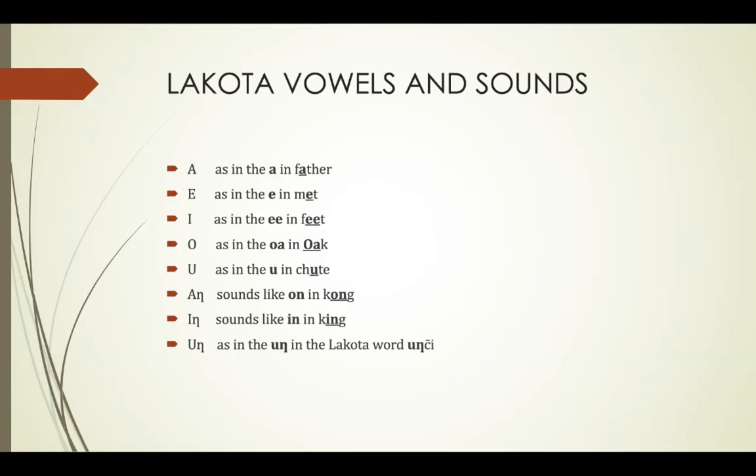The I will consistently make the ee sound, ee. The O will consistently make the O sound, as in the O and A in oak, O. The U will consistently make the oo sound, as in the vowel U in shoot, oo.